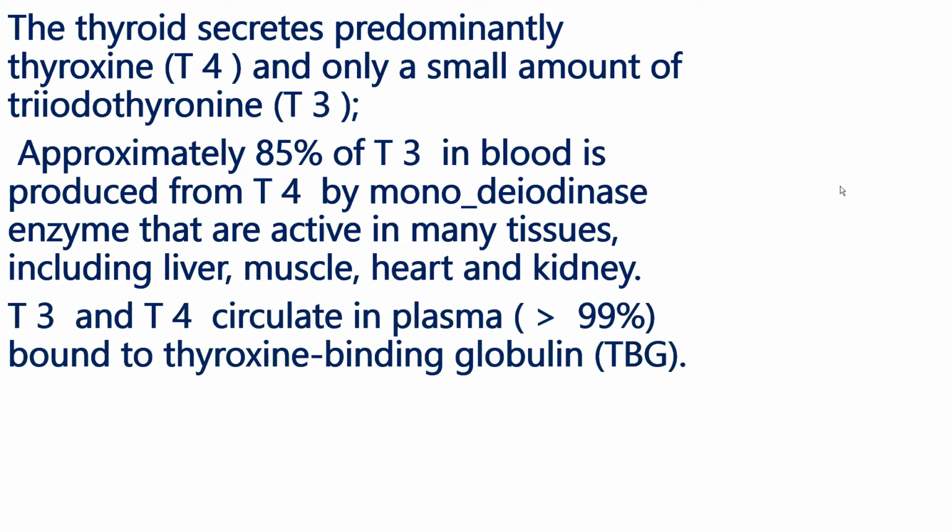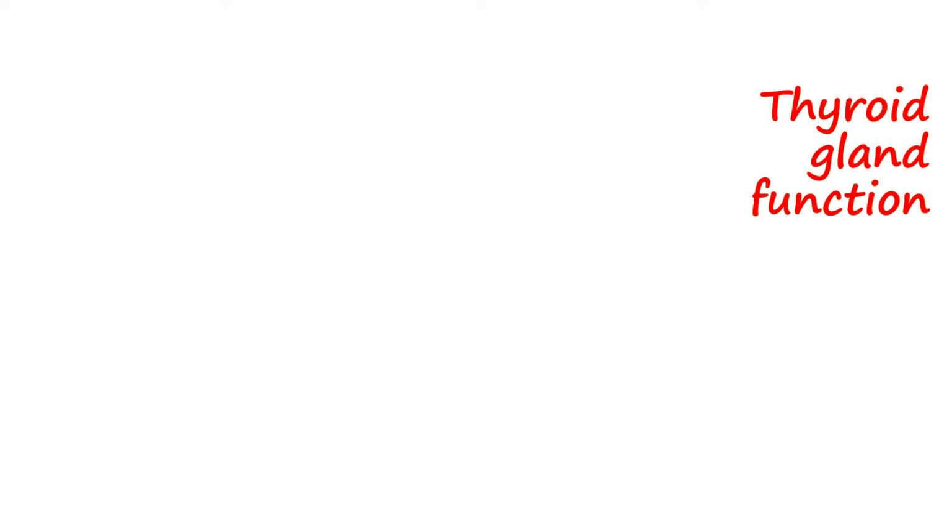The free fraction of the thyroid hormones is the only active part. So almost 99% of the thyroid hormones are combined with the thyroid binding globulin as a storage amount of the hormones, and only about 1% is active on the tissues.